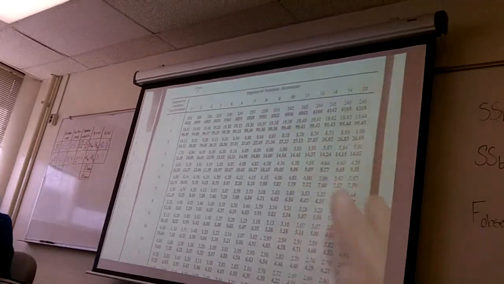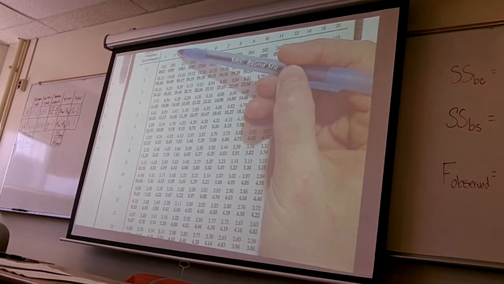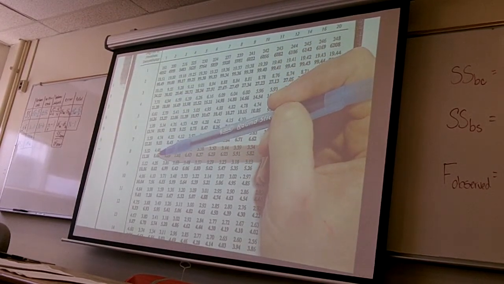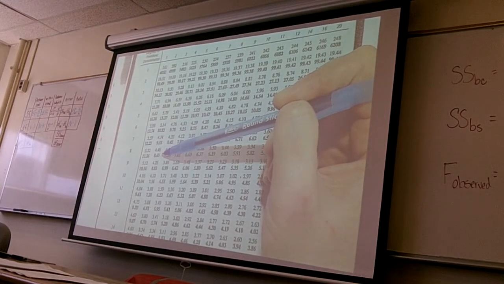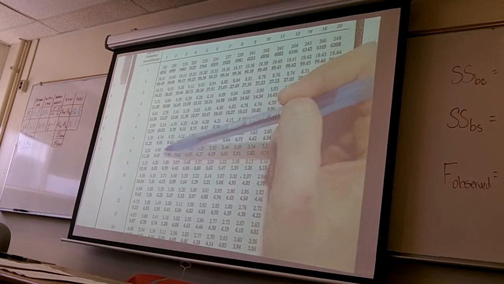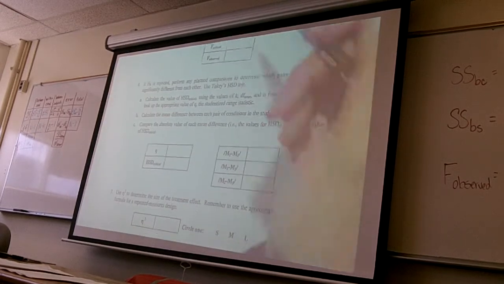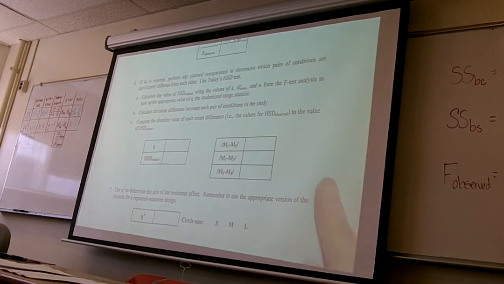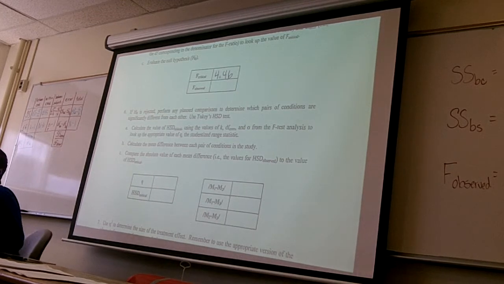Okay, so we're going to go here, 2 and 8. We're coming down here, and our alpha is 0.05. So our critical value is 4.46. You don't have to put positive in front of it because all F values are positive.